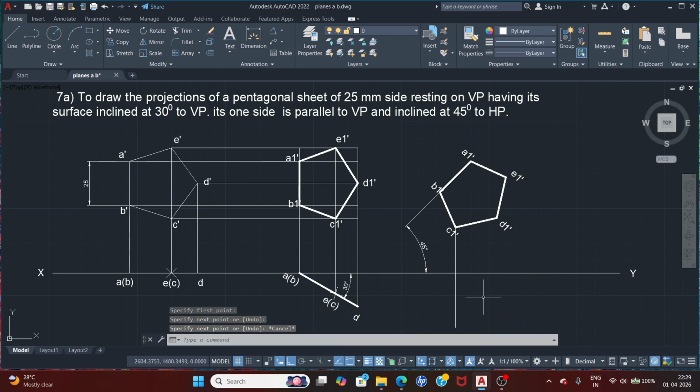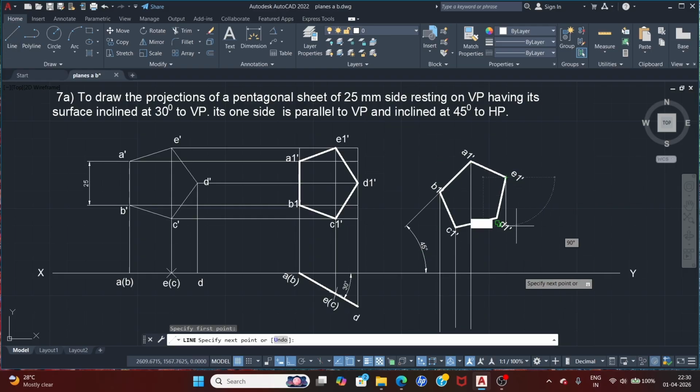Okay. So now with respect to these five corner points, you need to draw the projections to downside. Okay.